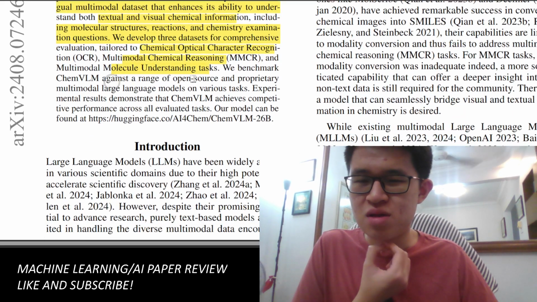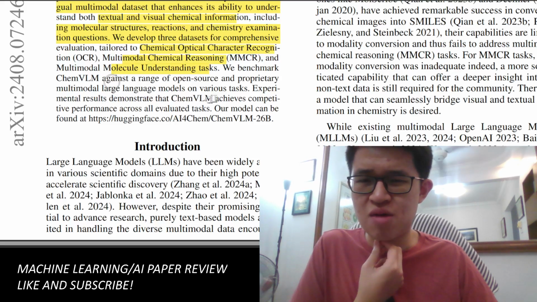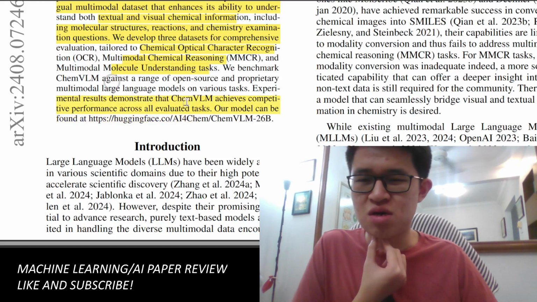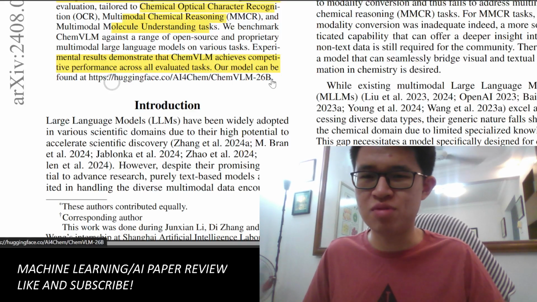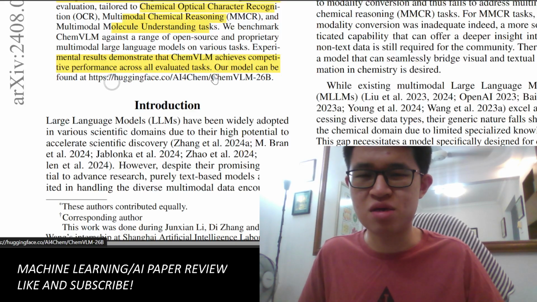And then benchmark it across a range of open source and proprietary LLMs. Experimental results demonstrate ChemVLM achieves competitive results across all tasks. And that's the GitHub link. I mean the Hugging Face link right there.